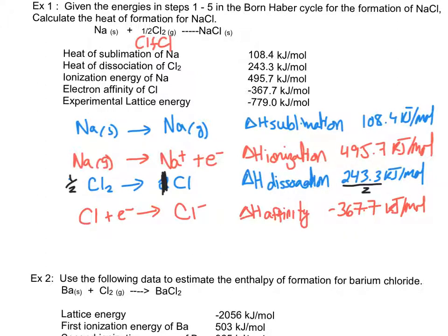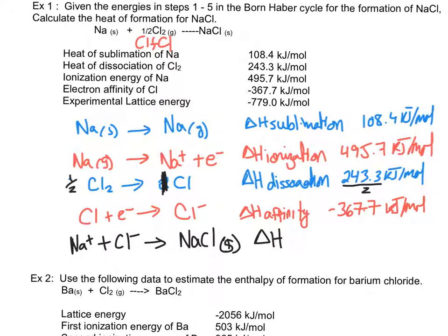Okay, now I have my Na plus ready and my Cl minus ready. One last step that I need to do is to take my Na plus and my Cl minus ions and combine them to form my solid crystal. And that is your lattice energy. So our last step here would be to take my Na plus and my Cl minus and form solid NaCl.